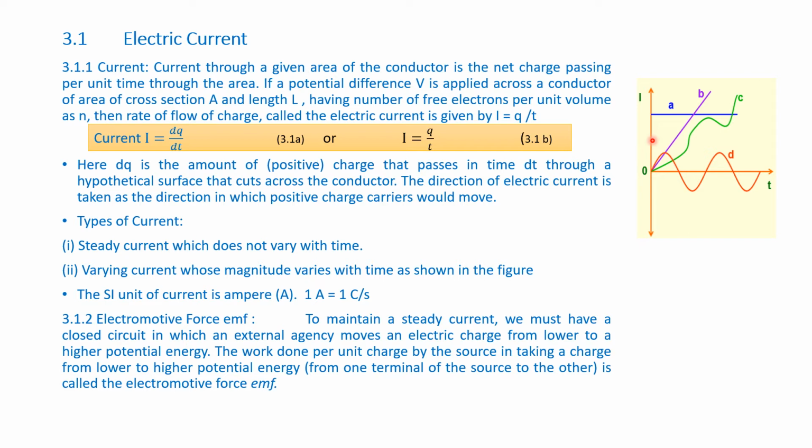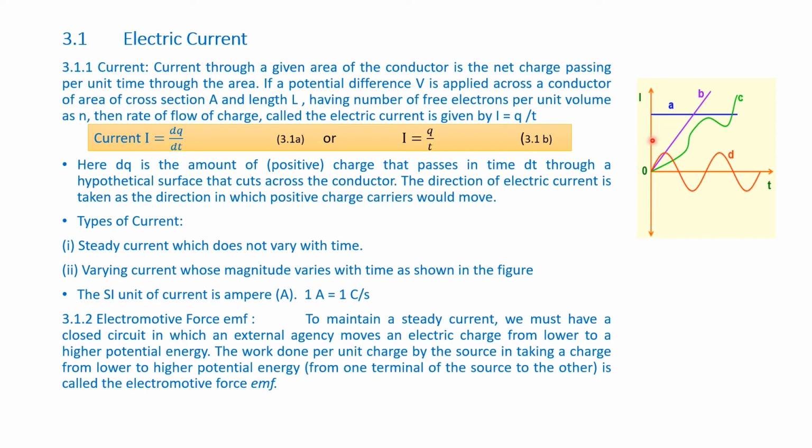Electromotive force. To maintain a steady current, we must have a closed circuit in which an external agency moves an electric charge from lower to higher potential energy. Thus, the work done per unit charge by the source in taking a charge from a lower to higher potential energy, that is, from one terminal of the source to the other, is called electromotive force.